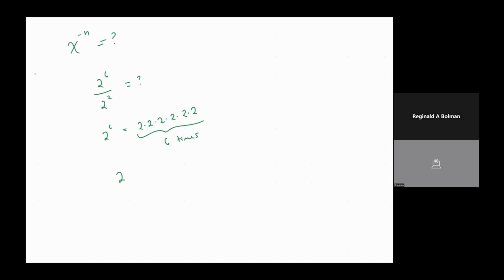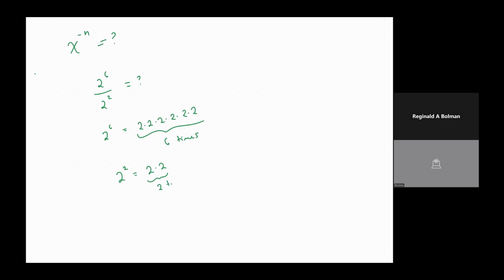Of course, just as a basic definition, when you've got 2 to the sixth, that's going to be 2 times 2 times 2 times 2 times 2 times 2, or said another way, 2 times itself 6 times. And what we do know is that 2 squared would be 2 times itself 2 times.